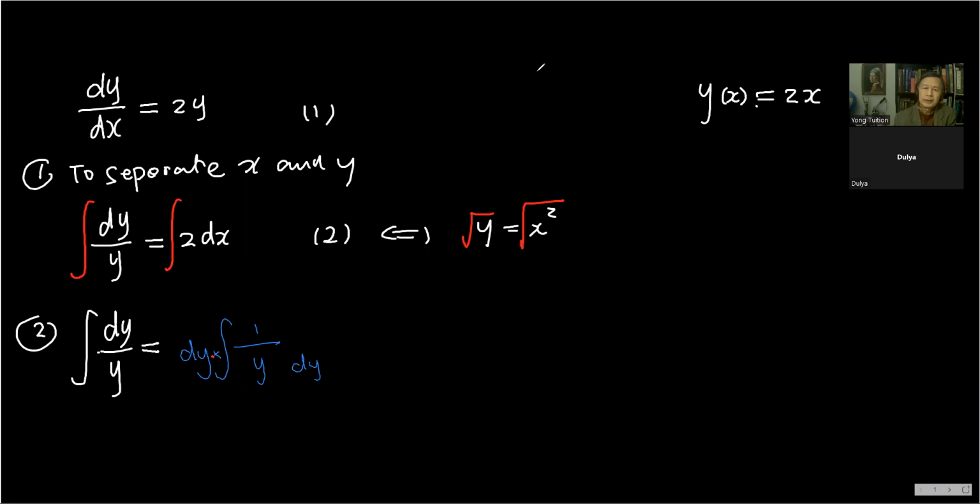This probably is not a good example. Here, I just remind you, this is not allowed because the only expression we have seen is this example. Have you seen this integration, dx over x?